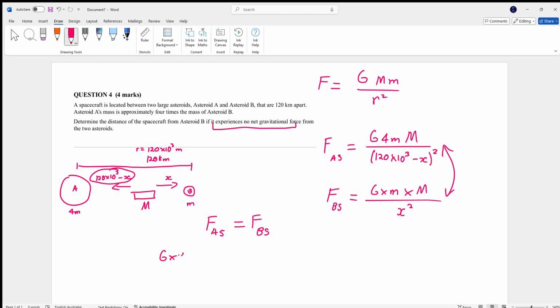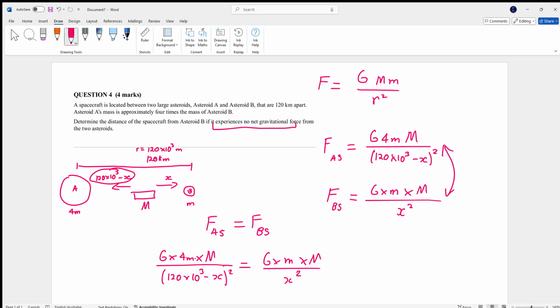So if I make them equal, you will have G times 4m times capital M over 120 times 10 to the 3 minus x all squared equals G times m times capital M over x squared. This is where naming it would have been very important at the start of the question, but because we've done it here, it'll be quite easy.